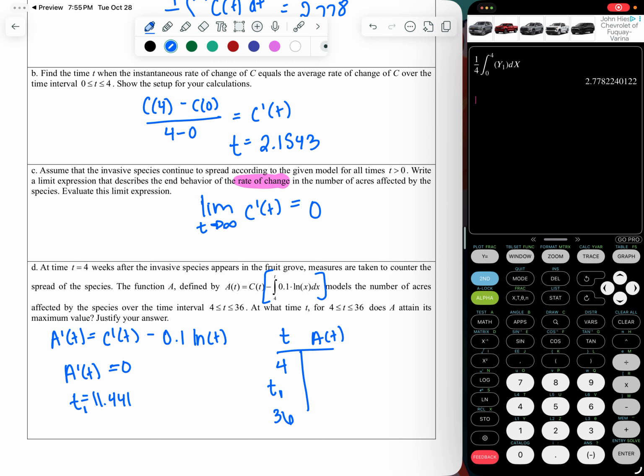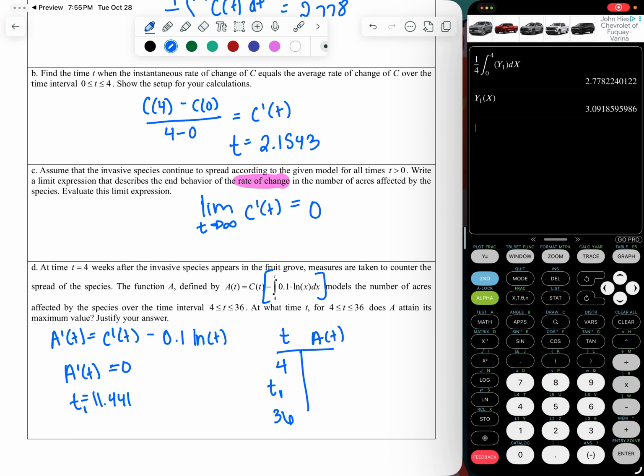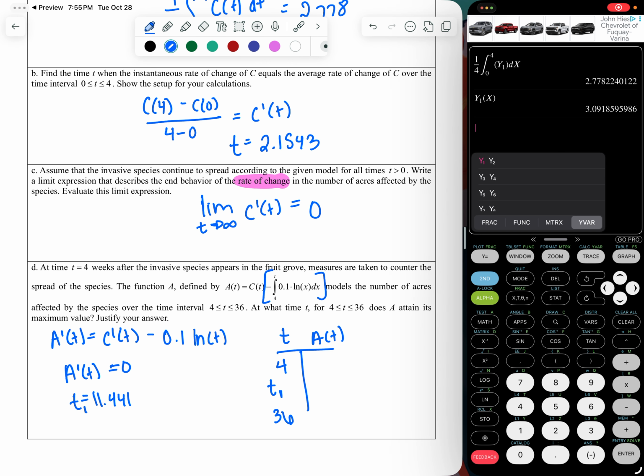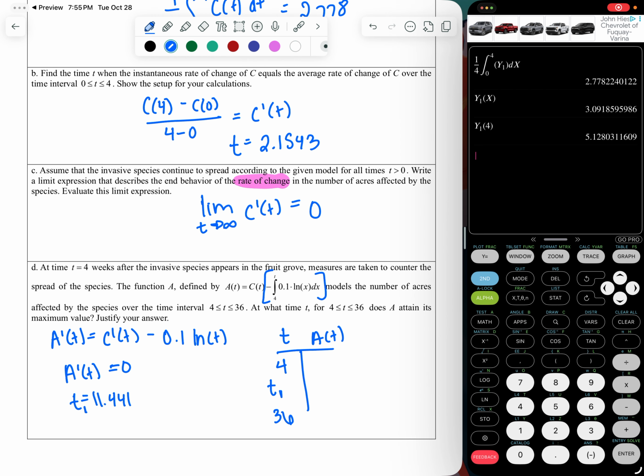So then I could do alpha trace Y1, and then if I do x here, that's going to represent, let me not do that.